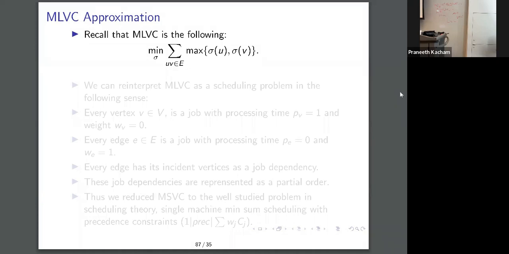You can assign durations and weights to your jobs. And this is the max case. Would it be that we have one job?